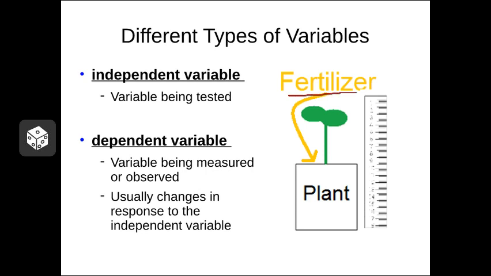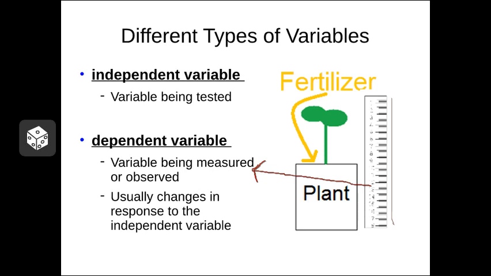So the effect of fertilizer is what you want to test. That's your independent variable. Okay? Now the dependent variable is the thing that will change in response, or the thing you're going to measure. So let's say that in this experiment you're going to measure the height of the plant. That is going to be your dependent variable.